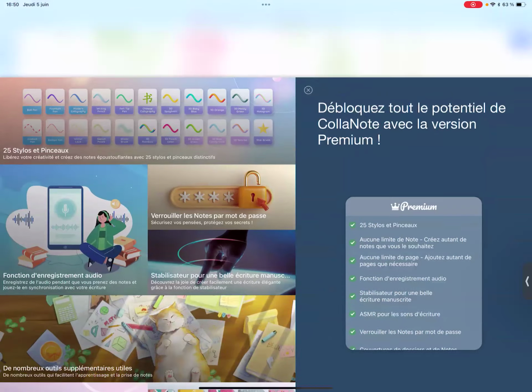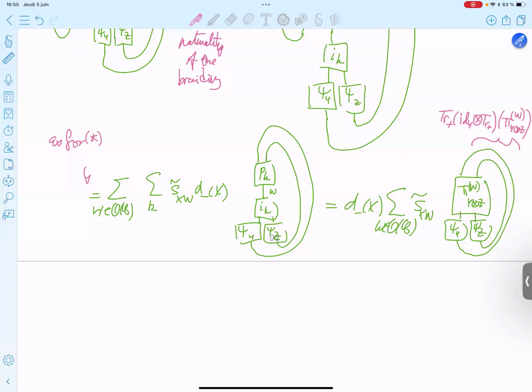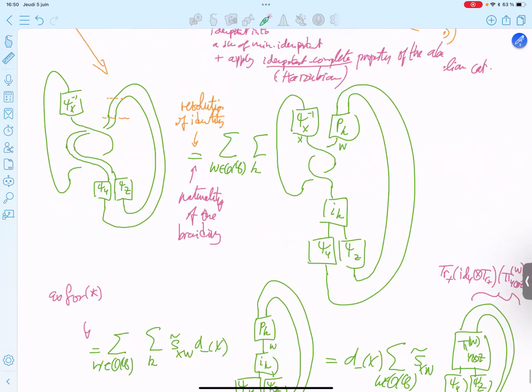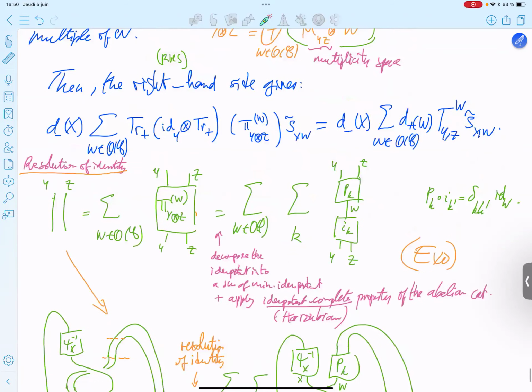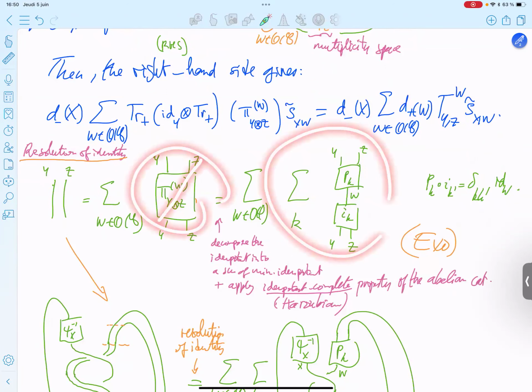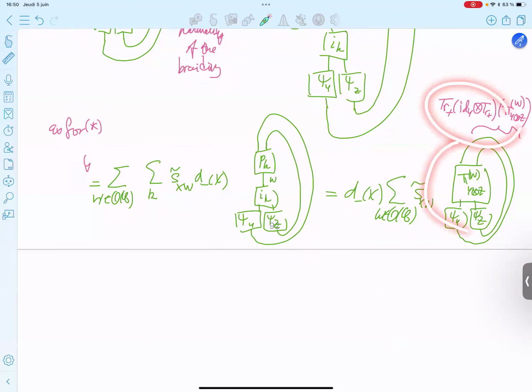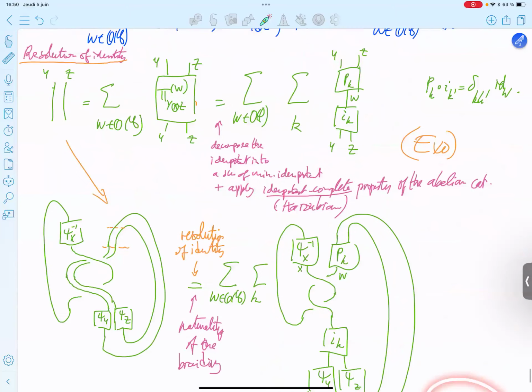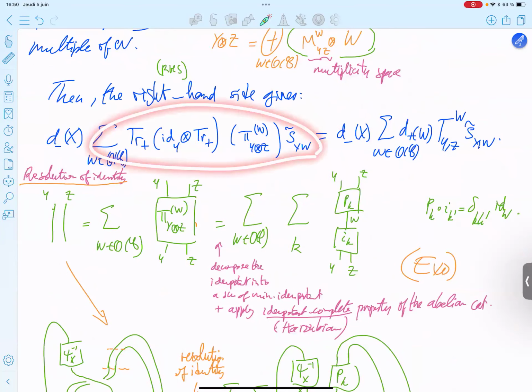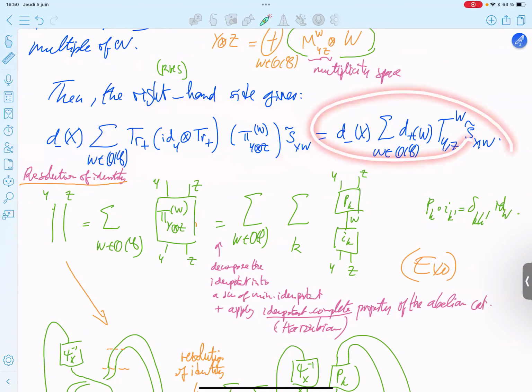But in fact, the use of the big idempotent may not be required. In fact, we don't need them. We can directly say the resolution of identity like that. We don't need that because we are here. So you get this piece of the equation, but in fact, what we want is that.